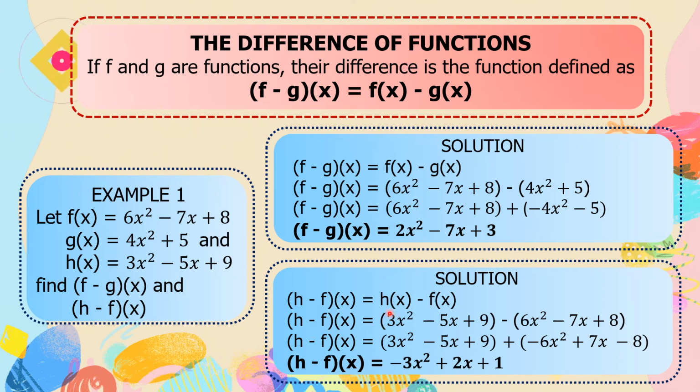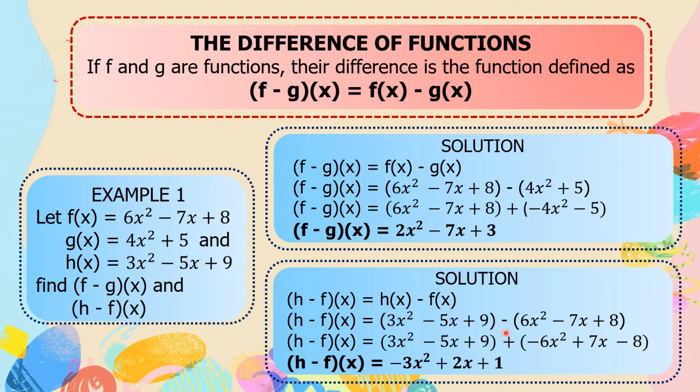And palitan na natin yung h of x ng kanyang value, which is 3x squared minus 5x plus 9. Minus yung ating f of x, ang kanyang value ay 6x squared minus 7x plus 8.